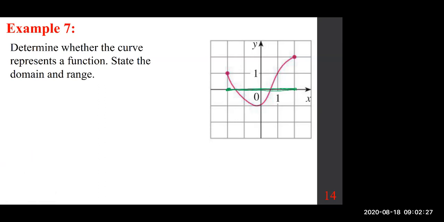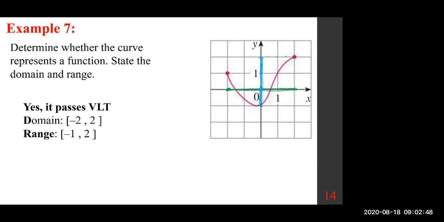For the range, this point will cover this point, and then this point covers this point. That's our range. So I hope you realize how easily we can come up with the domain, range, and why this represents a function, class. Very straightforward.